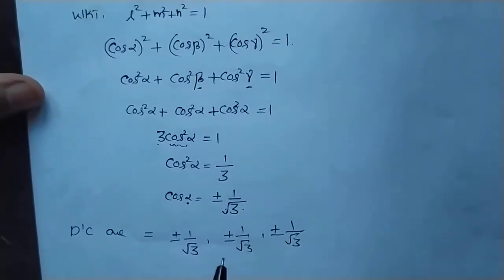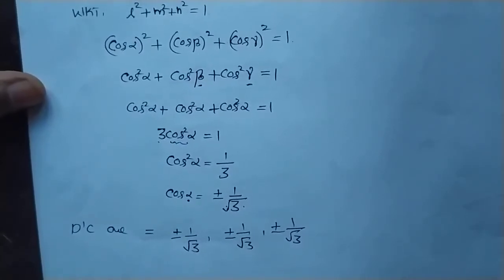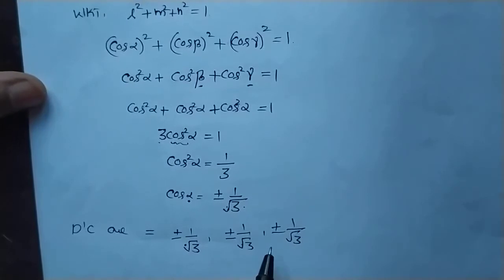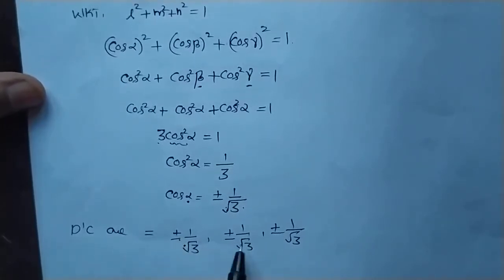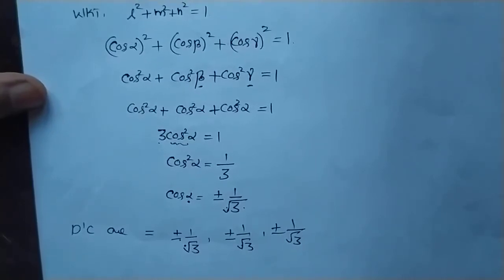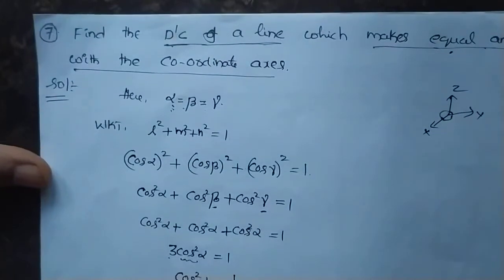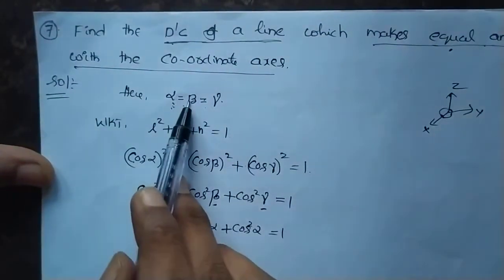Because that line makes equal angles with the coordinate axes, cos alpha, cos beta, cos gamma are equal. Therefore, plus or minus 1 by root 3, plus or minus 1 by root 3, plus or minus 1 by root 3. Understand? Kindly note down this problem. Here the angles alpha, beta, gamma are equal.